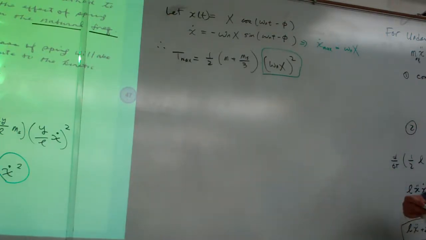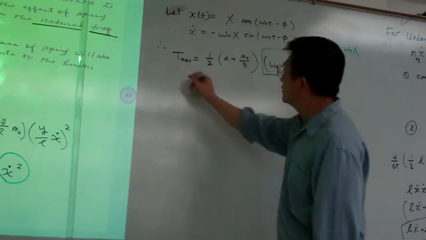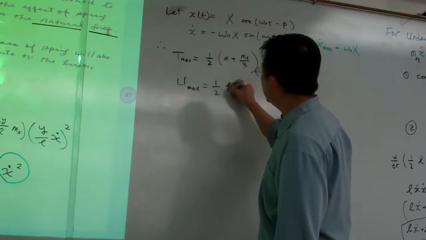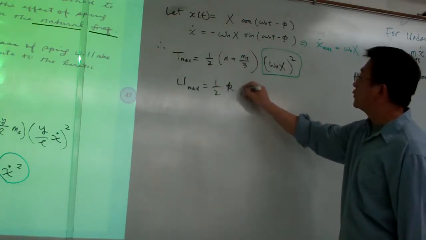And then the maximum potential energy U max is 1/2 k X squared.